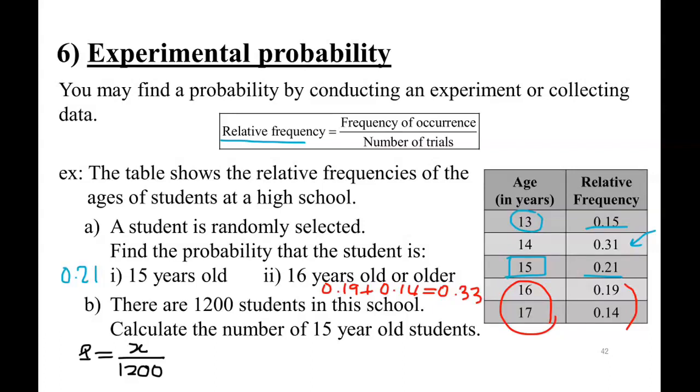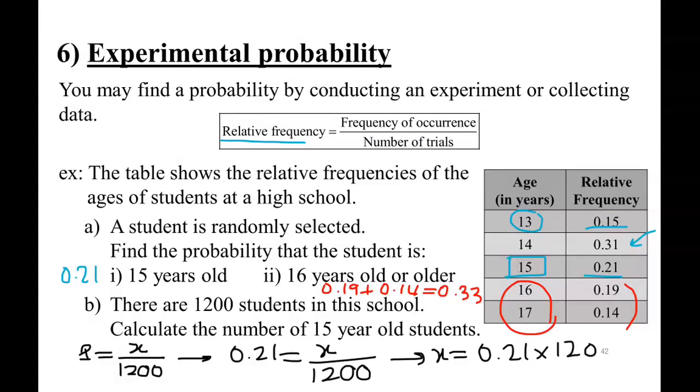And we know that this probability is basically 0.21. So 0.21 is x divided by 1,200, which leads me to x equal to 0.21 times 1,200. Then x is equal to 252. So eventually I have 252 students of 15 years of age.